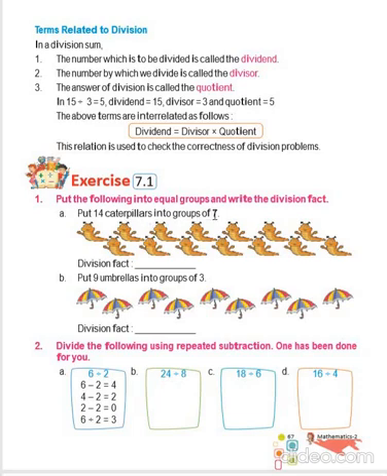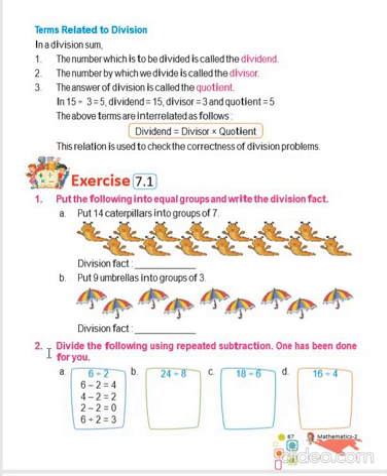Then we can form 14 divided by 7 which is equal to 2. We have to put 9 umbrellas into groups of 3. Then 9 divided by 3 which is equal to 3.